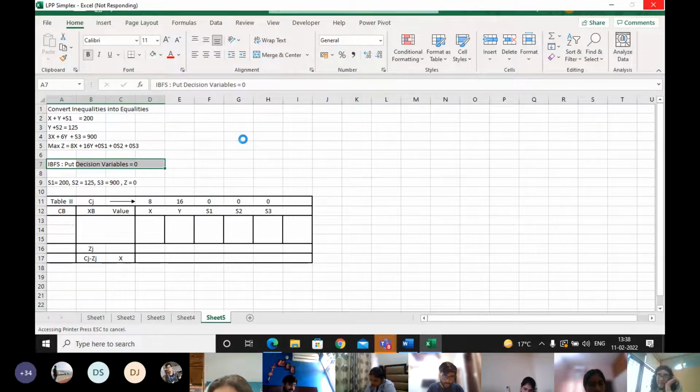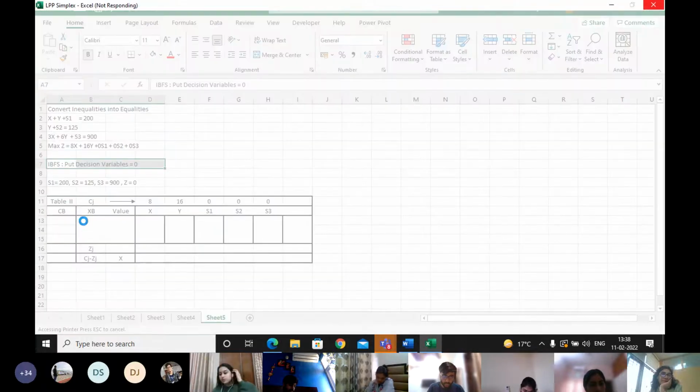CB would be 0, 0, 0. XB is S1, S2, S3. And what should I write in the value? 200, 125 and 900.